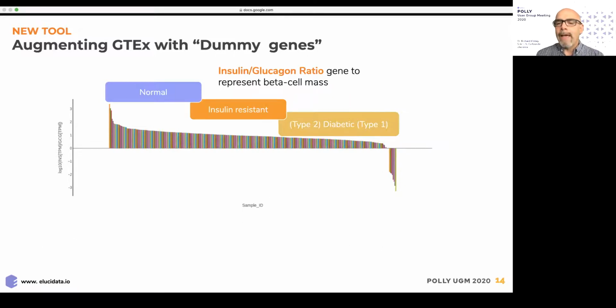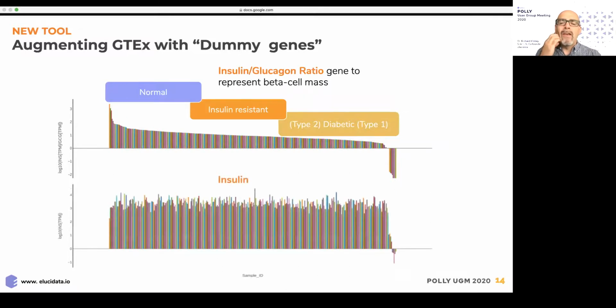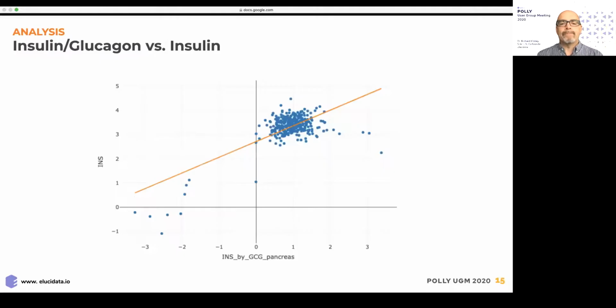So we're looking at the data in a different way. Just to take these same patients and look at just the insulin by itself, to give you a sense of how they vary and how they may not, you see that insulin by itself is behaving in a different way than the insulin to glucagon ratio dummy gene that we're going to use.